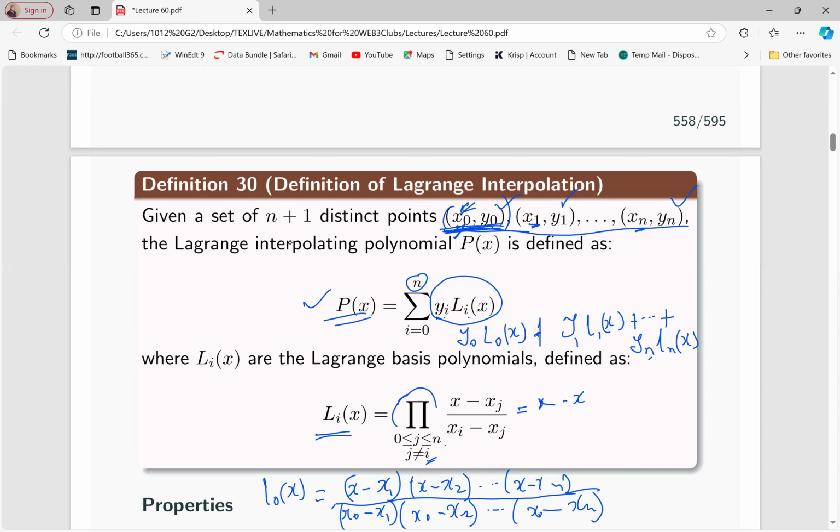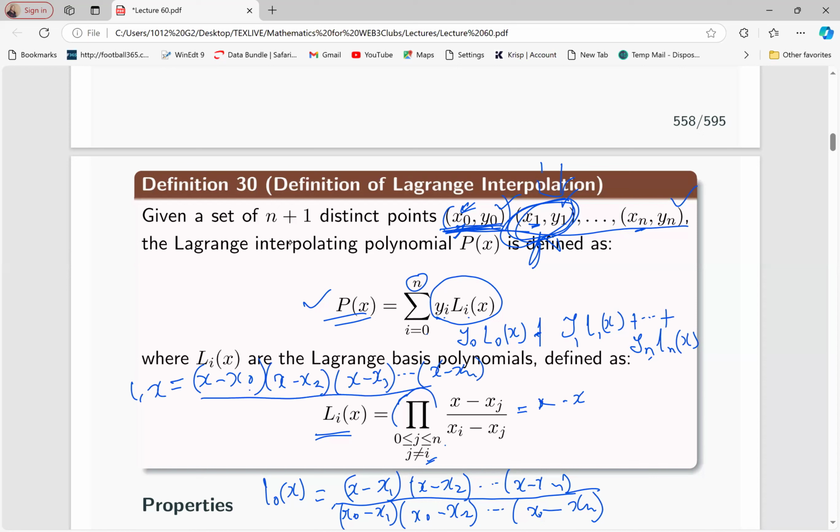Now you'll come and then find L1, L1x. That means you're now considering this point. So again, it will be given by x minus x naught. Now subtract all other values of x apart from the point you're considering. So multiplied by x minus x2 multiplied by x minus x3 all the way up to x minus xn.